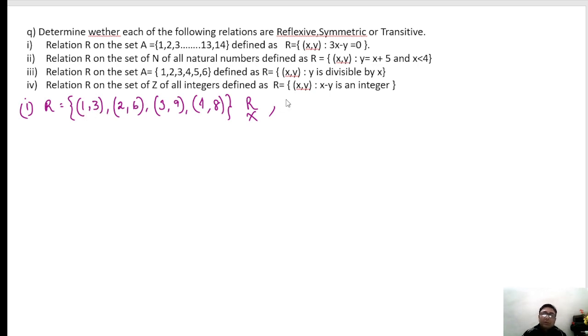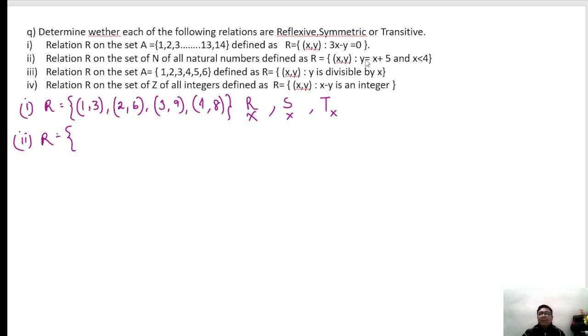So it is not symmetric also. Is it transitive? If 1 3 is there and 3 9 is there, then is 1 9 there? 1 9 is also not there, so it is not a transitive relation also. Clear? Let's go to the next.